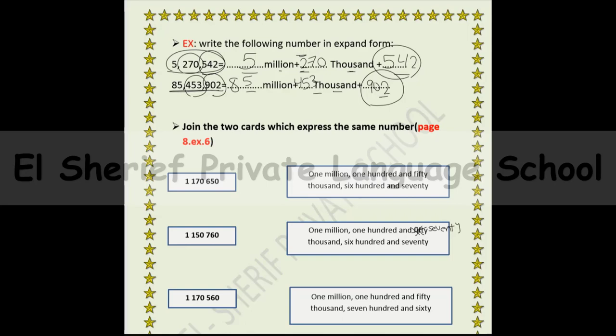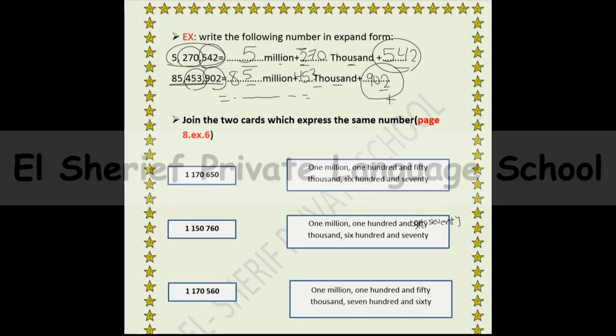The same exercise, if he didn't write million or thousand, what shall we do? Family of units, we write only 902, but the next family, family of thousand, we should write the number with its zeros, so 453,000 plus family of million, so we can write 85 million with 6 zeros.